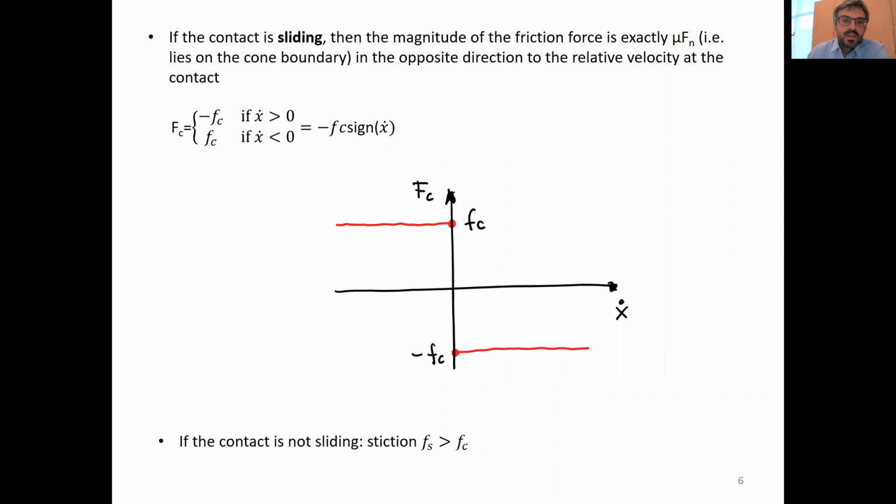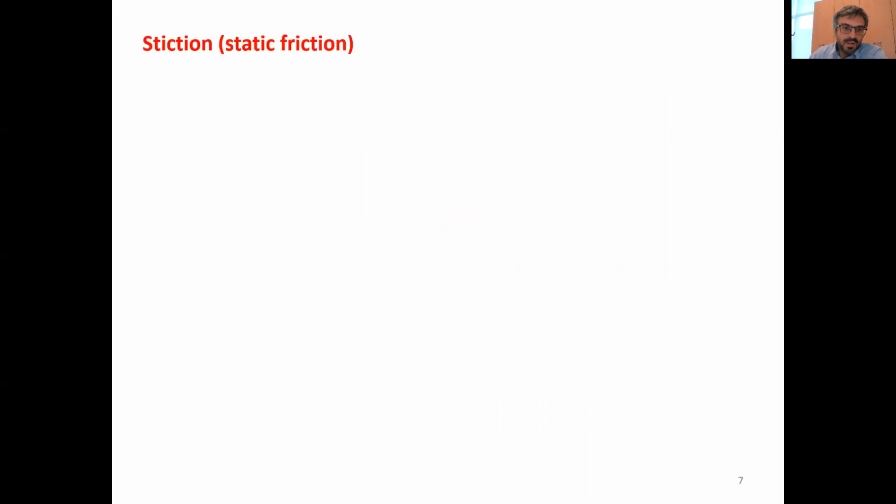Well, if the contact is not sliding, we have stiction force, and this stiction force is slightly bigger than the Coulomb force. It's the same thing: an additive force opposing the motion. Of course, the motion is a micro motion.